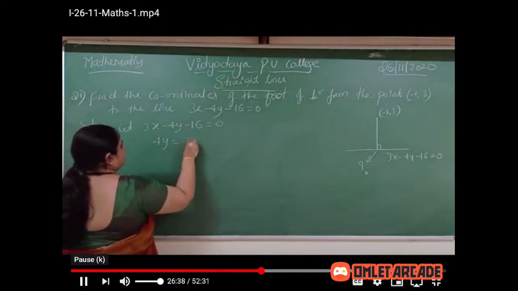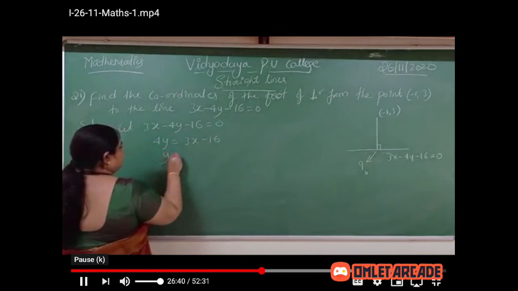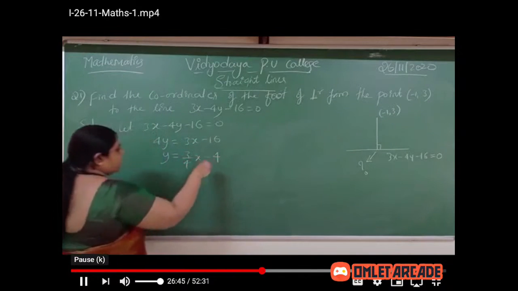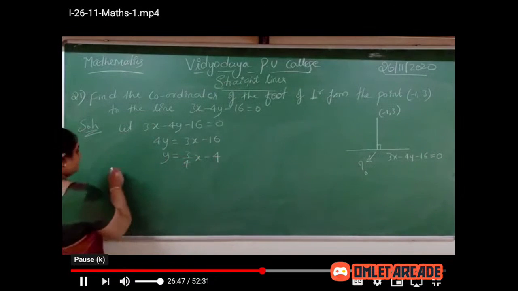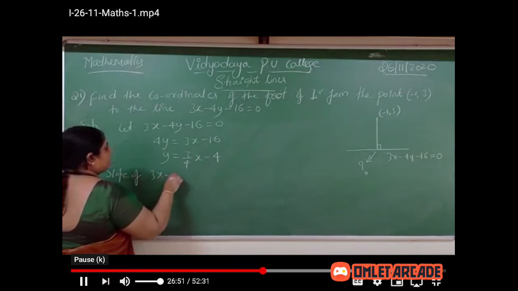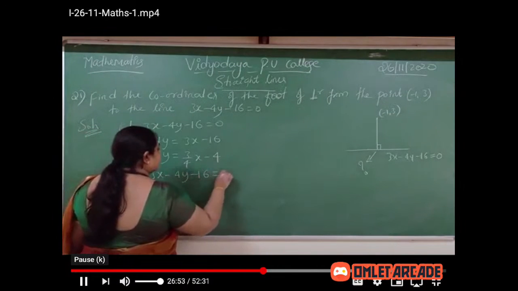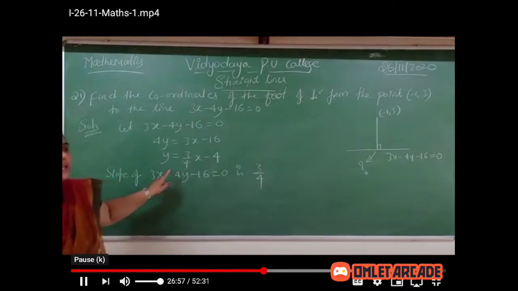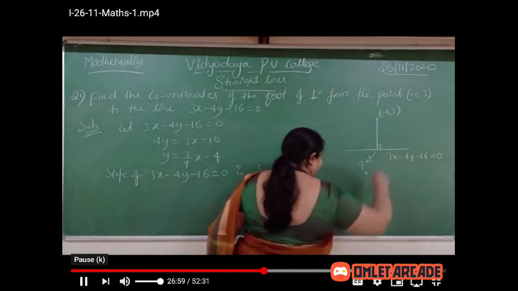So 4y is equal to 3x minus 16. So we divide by 4. y = 3/4 x minus 16 by 4, which is 4. So the slope of the line 3x minus 4y minus 16 is equal to 0 is 3 by 4. The slope of this line is 3 by 4.